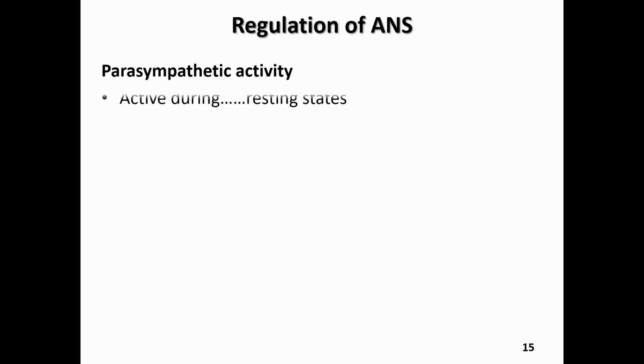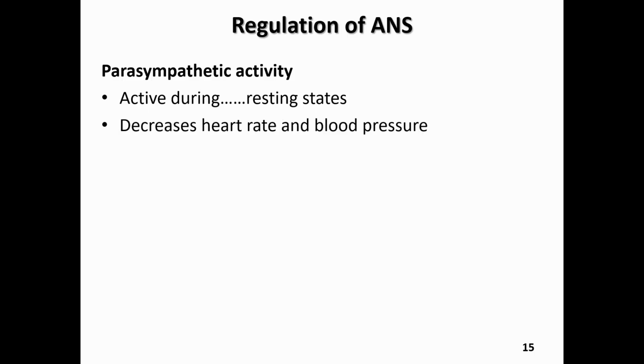In terms of the regulation of the parasympathetic and sympathetic nervous systems, the parasympathetic system is typically active under resting states and will tend to decrease heart rate and will tend to have an effect on reducing blood pressure.